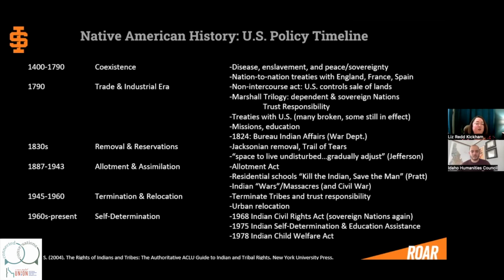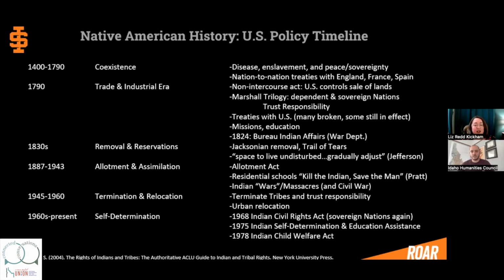And we also had what are termed the Indian Wars, massacres, as part of the Civil War. And there's a significant connection between the Indian massacres and the Civil War. And that's, again, another topic, but I invite you to go and investigate that connection. There's some significant connection there.